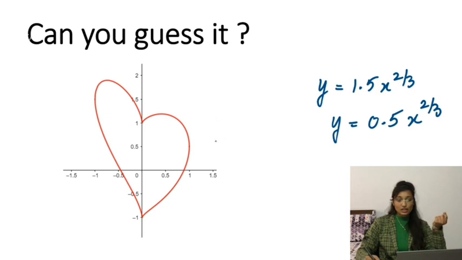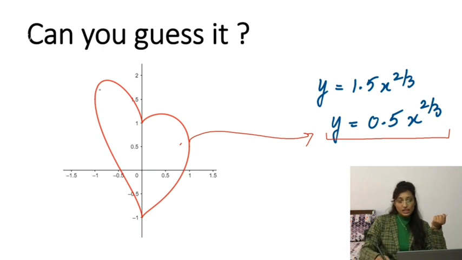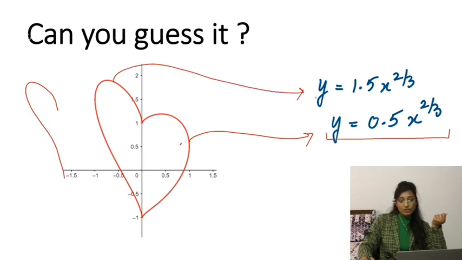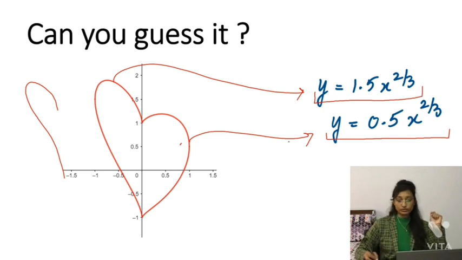That is, this right half curve corresponds to pulling up along the line y is equal to 0.5 because the slope was less. And in this you can see that it has formed a better heart shape going like this. So it corresponds to pulling up along this curve, that is 1.5 x raised to power 2 by 3.